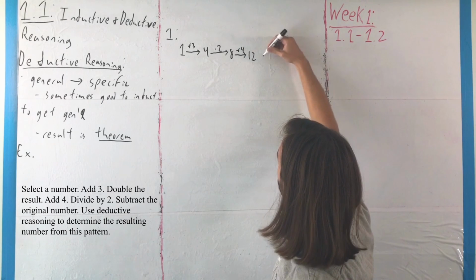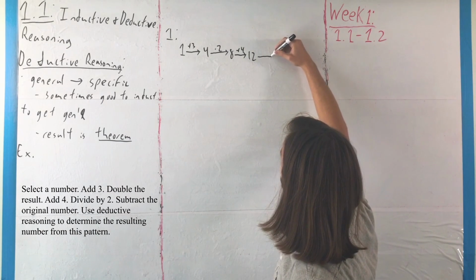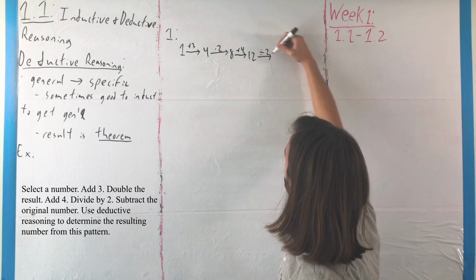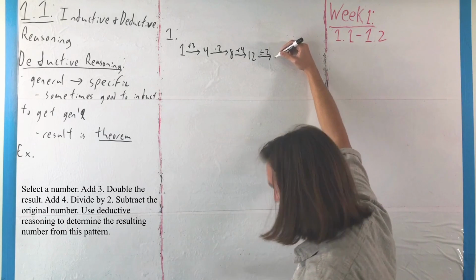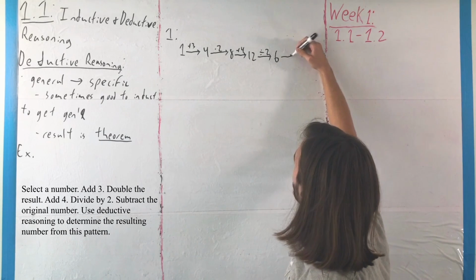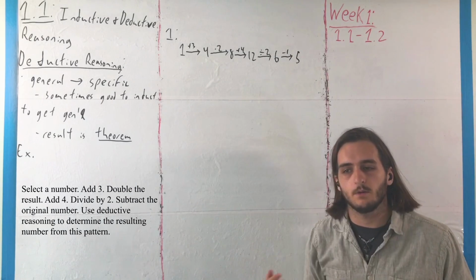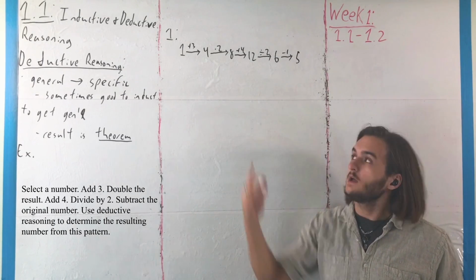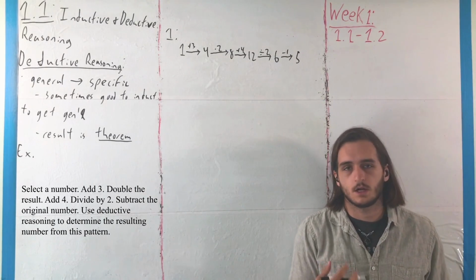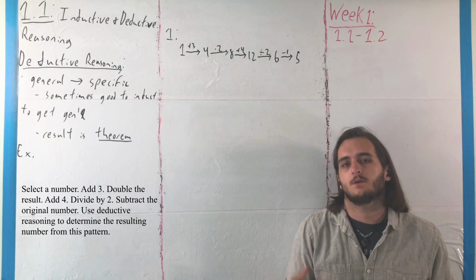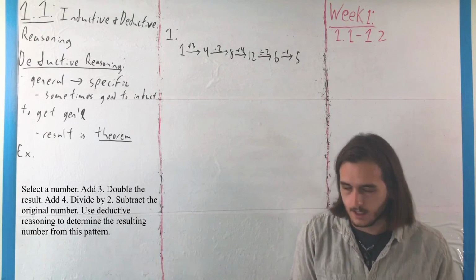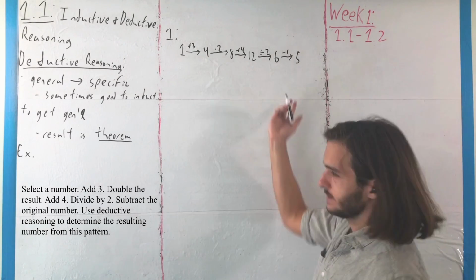So you get 12. Then we will divide by 2. That would give us 6. And then last step, we subtract 1 to get 5. Obviously, there's a more exacting way we could deal with this in terms of parentheses, but I'm going to start with a very loose notation here so that we can get the idea without worrying too much about that kind of detail. So we got 5.